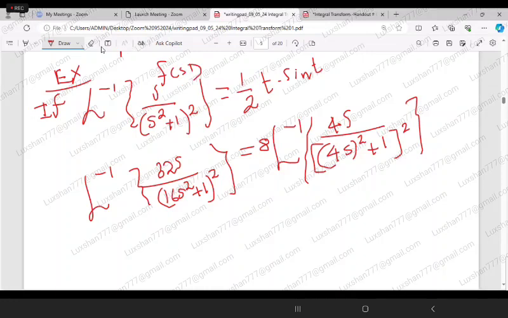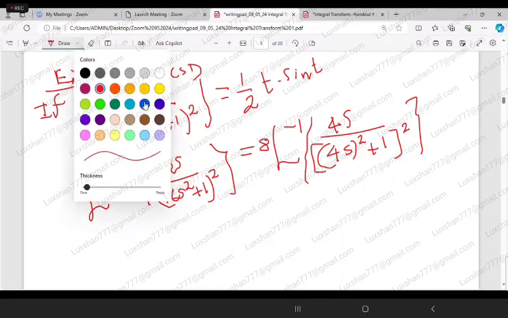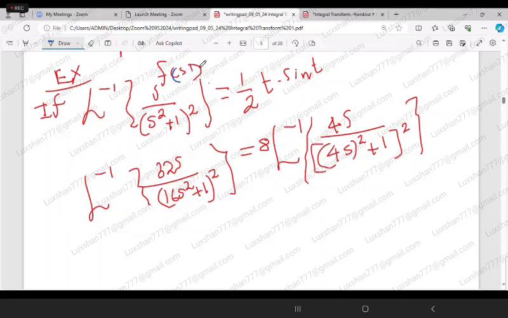If I take this as my F of s, then this is nothing but F of 4s, isn't it? Wherever you have s, if you put 4s, then you will get this one.